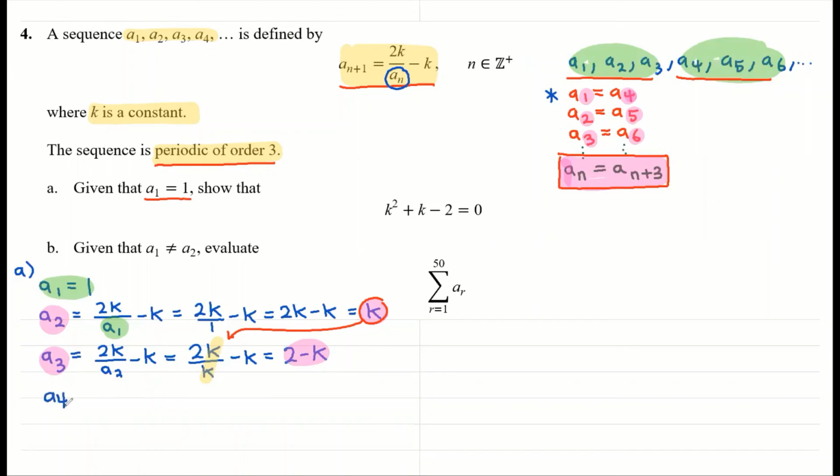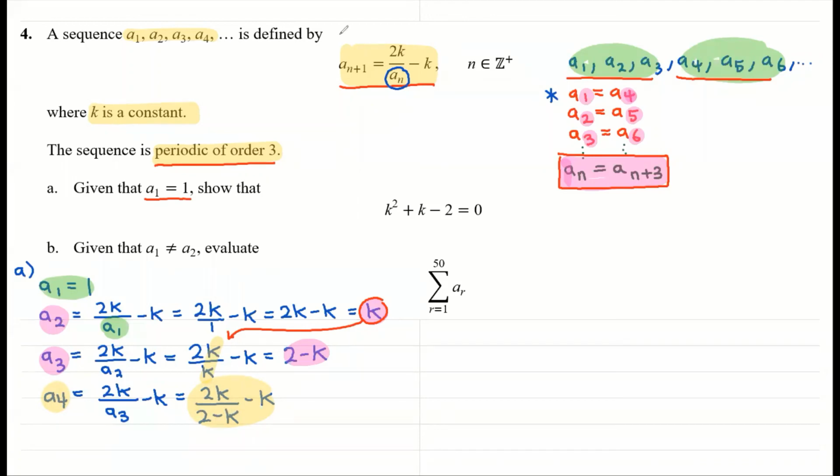A4 is going to equal 2k divided by A3, subtract k, which is equal to 2k divided by 2 subtract k, subtract k. I could write that as a single fraction, but I'm going to leave it like that. So we've got an expression here for A4, and I've just said that A4 must equal 1.